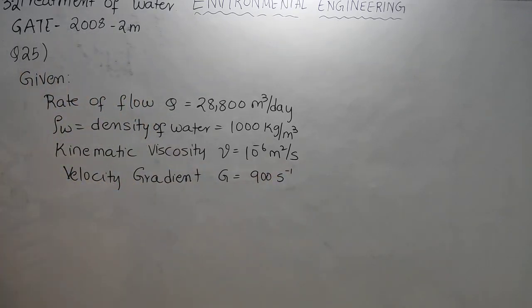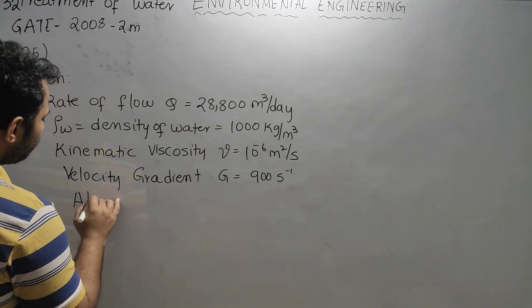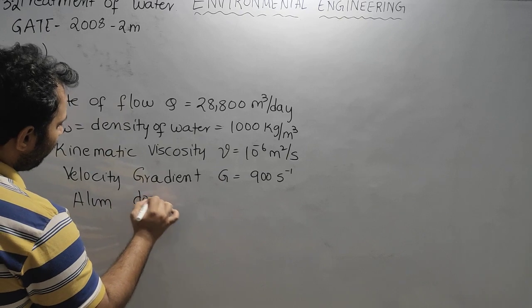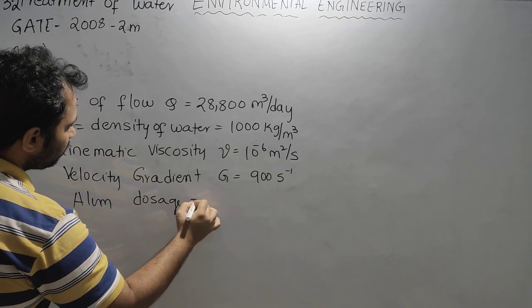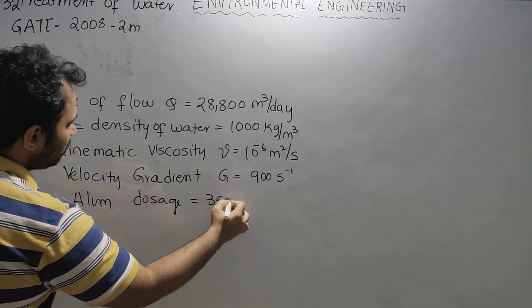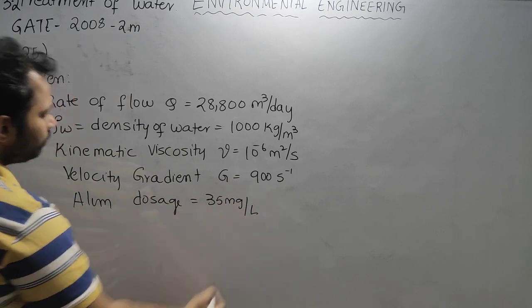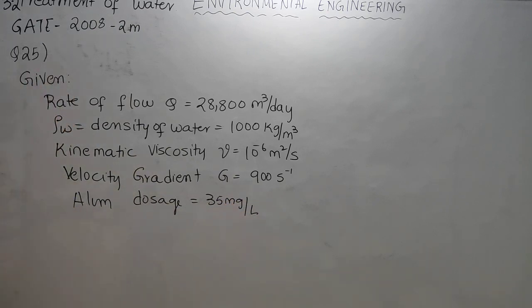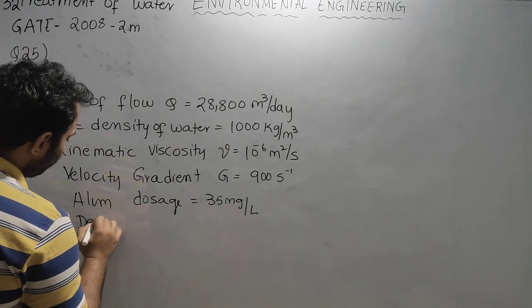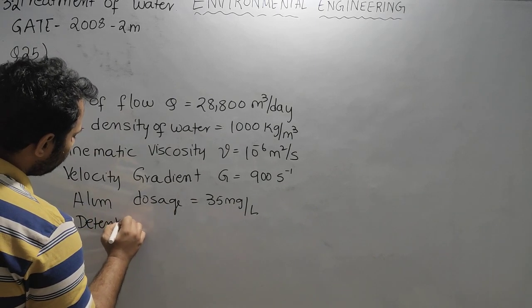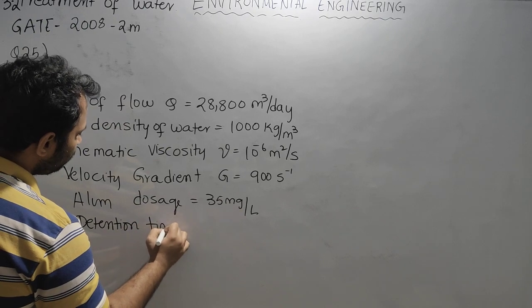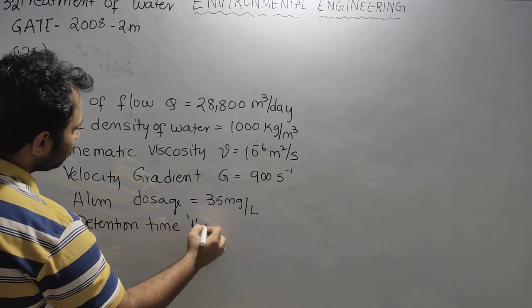The alum dose is given as 35 mg per liter, and the detention time T is given as 2 minutes.